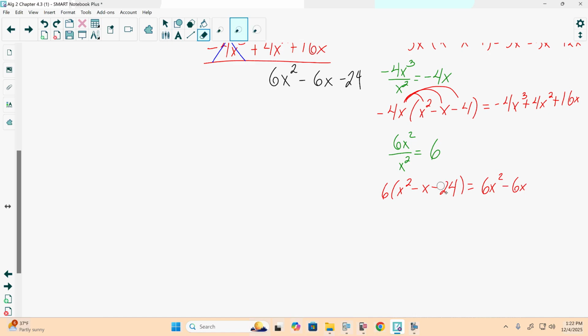I got ahead of myself because that's not supposed to be 24. Because if we distribute the 6 through, like we've been doing with all the rest, we get 6 times x squared is 6x squared, yes? 6 times negative x is negative 6x. 6 times negative 4 is negative 24.